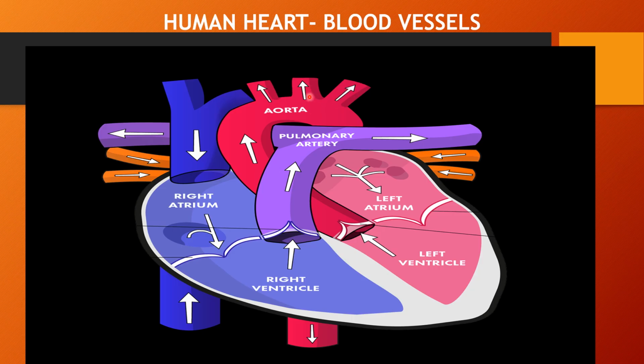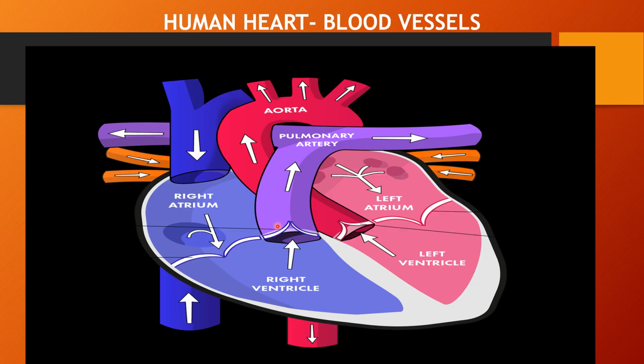These are the blood vessels that carry pure blood to the upper parts of the body. On this side, pure blood is taken to the lower parts of the body. So these are the blood vessels connected to the heart. The superior and inferior vena cava and pulmonary veins bring blood to the heart. The pulmonary artery and aorta take blood away from the heart.